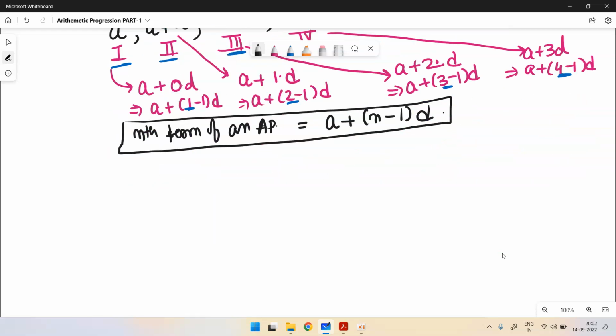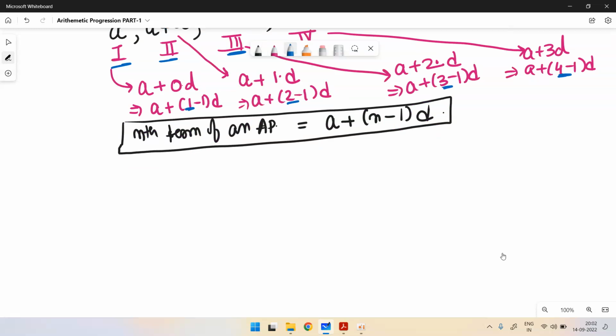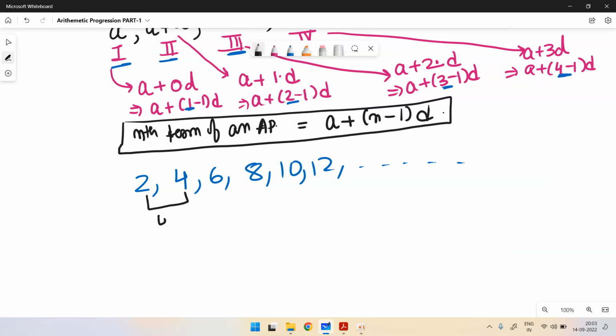Now, how can the question be framed? I'm giving just an example. Suppose the question is like 2, 4, 6, 8, 10, 12, and so on. First, you need to check this is an AP. You can check that 4 minus 2 is 2, 6 minus 4 is also 2, 8 minus 6 equals 2, and 10 minus 8 equals 2.